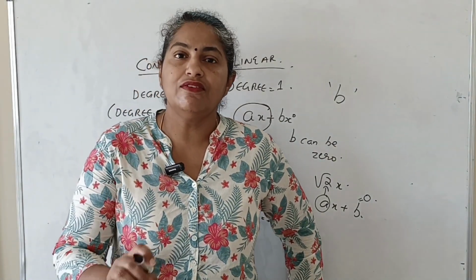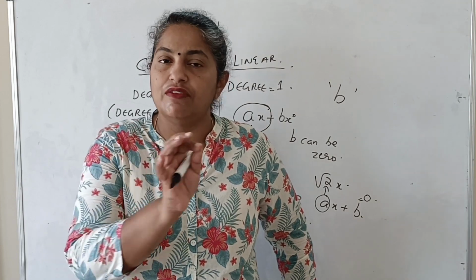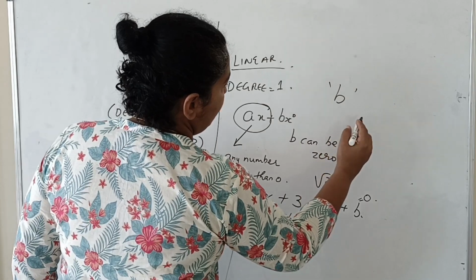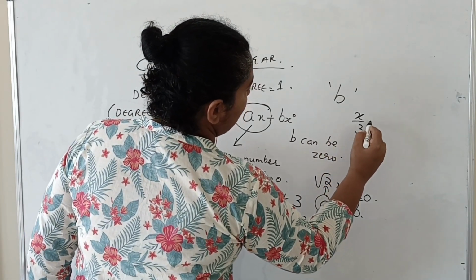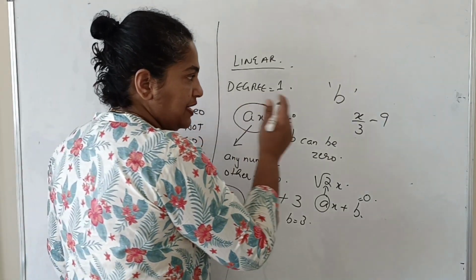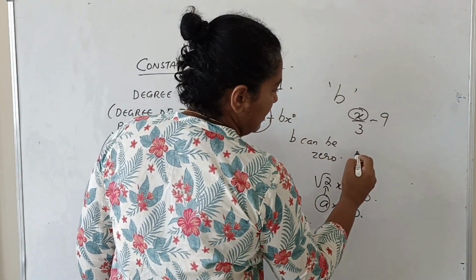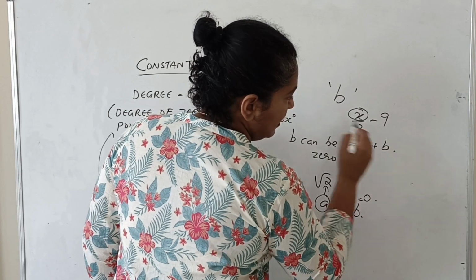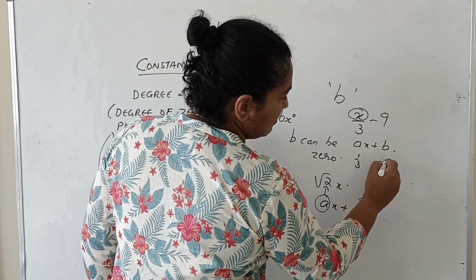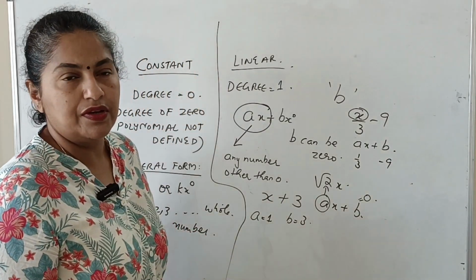Now let us look at two more examples and identify the value of a as well as b. Suppose you have a polynomial x by 3 minus 9. What is the value of a and b? This is a linear polynomial because the power of x is 1. Comparing it with ax plus b, the value of a is 1 by 3 and the value of b is minus 9.